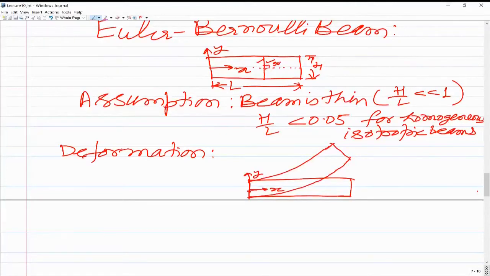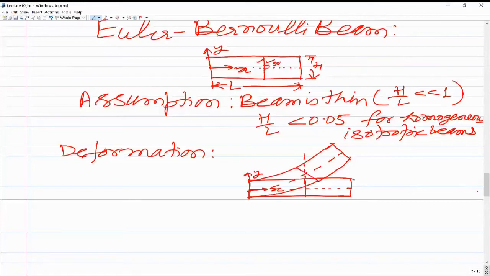This is the deformed center line. Now if I take any normal to the center line, and extend it, this normal will go to somewhere, it will become like this.